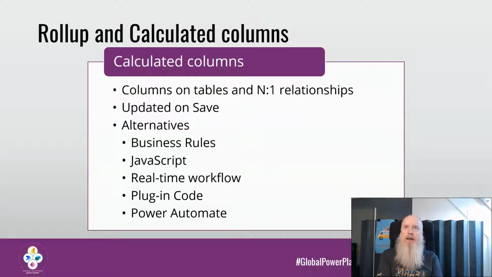Other things that are an issue with calculated columns. The main one is, just like rollup fields, they can't fire something else. They can't trigger a real-time workflow to run, or a plugin to run, or a Power Automate flow to run. So essentially when a calculated column exceeds a certain value or even changes value, we can't trigger something else to run and check it. I'll give you an example.